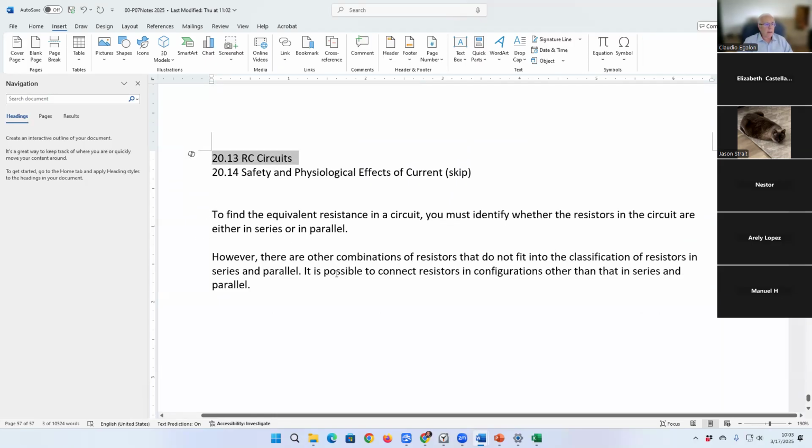Okay, and like I mentioned before, to find equivalent resistance in a circuit, you must identify whether the resistors are either in parallel or series, right? And there might be situations in which you cannot identify connections in series and parallel.